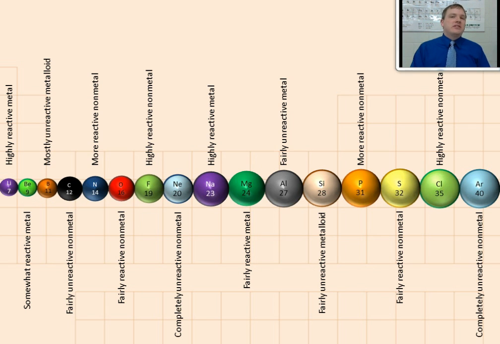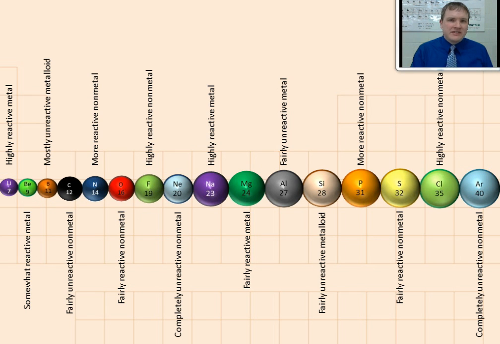Did you catch that there's a flow in the properties of these different kinds of elements as you go from smallest mass to largest mass? It starts off as a metal that's very reactive, becomes less reactive, changes to nonmetals that aren't very reactive, then gets more and more reactive as nonmetals, and then finally ends with a completely unreactive nonmetal. And then the cycle repeats itself.